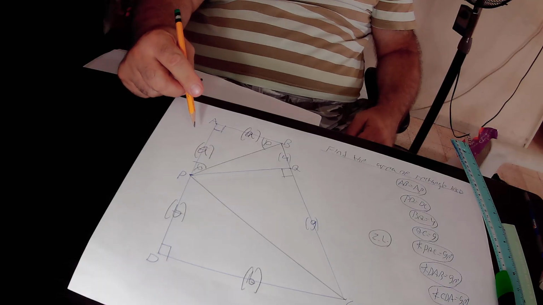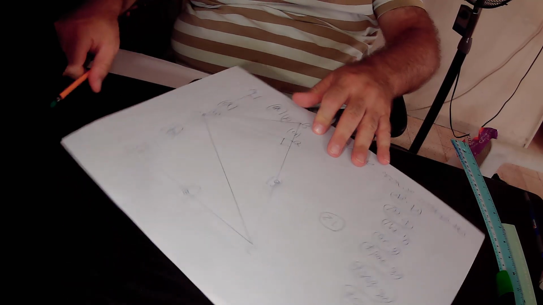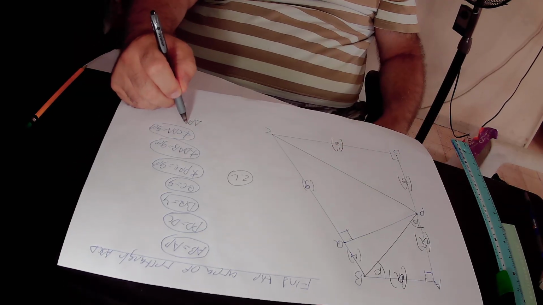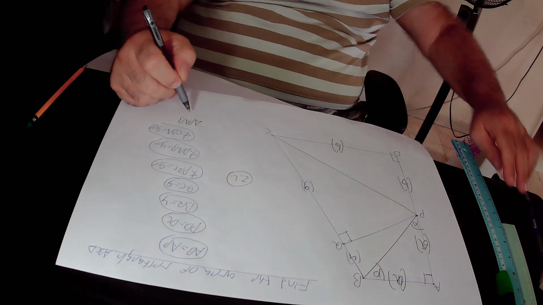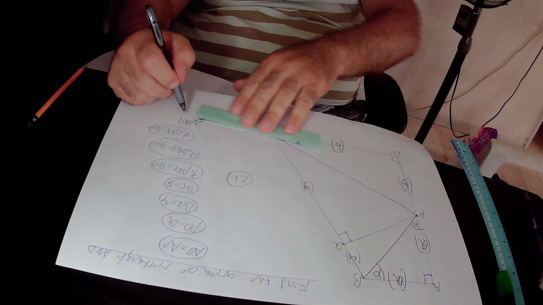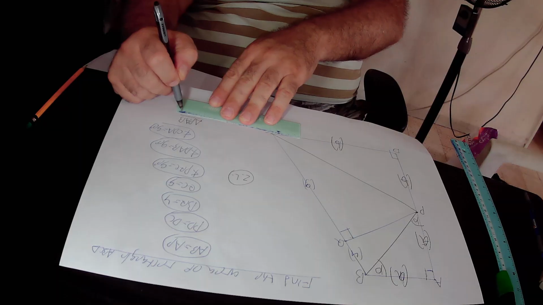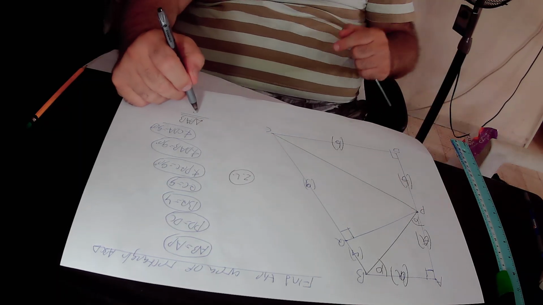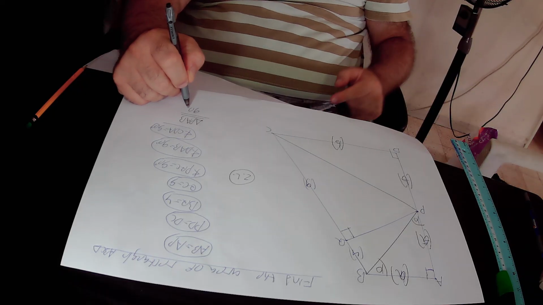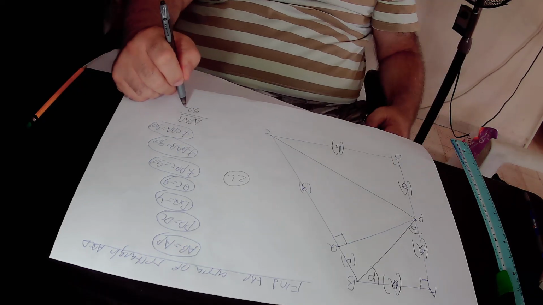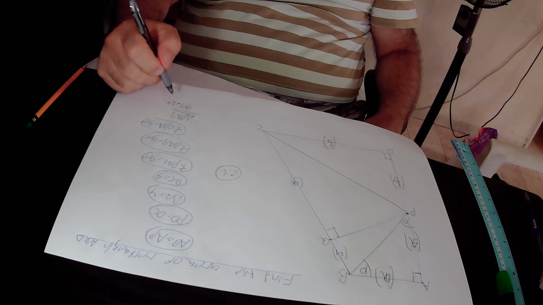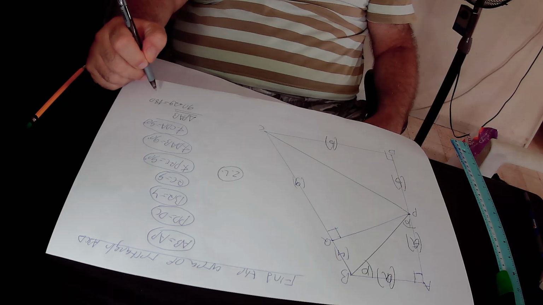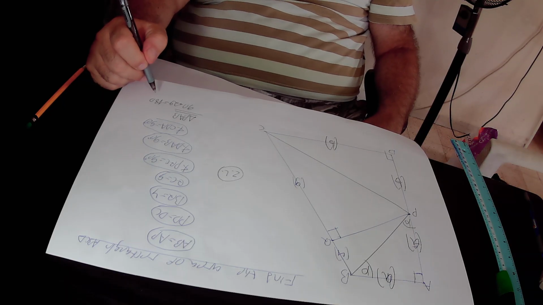So which angles do we have in this right triangle PAB? This angle equals 90 degrees, plus alpha, plus alpha, that is plus 2 alpha. In total, they must be equal to 180 degrees, according to the rule that the sum of the angles in any triangle is equal to 180 degrees.